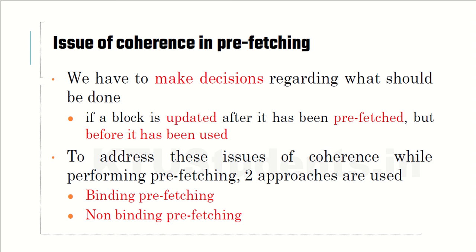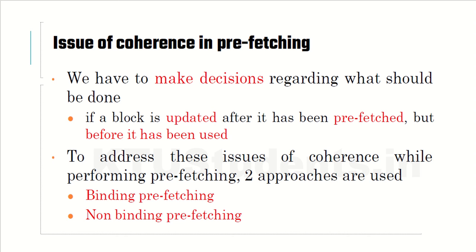To address these issues of coherence, you can have two approaches, called binding prefetching and non-binding prefetching, which means you take a particular data and announce that this data or that memory location should stay unchanged until the execution of that particular instruction is done.